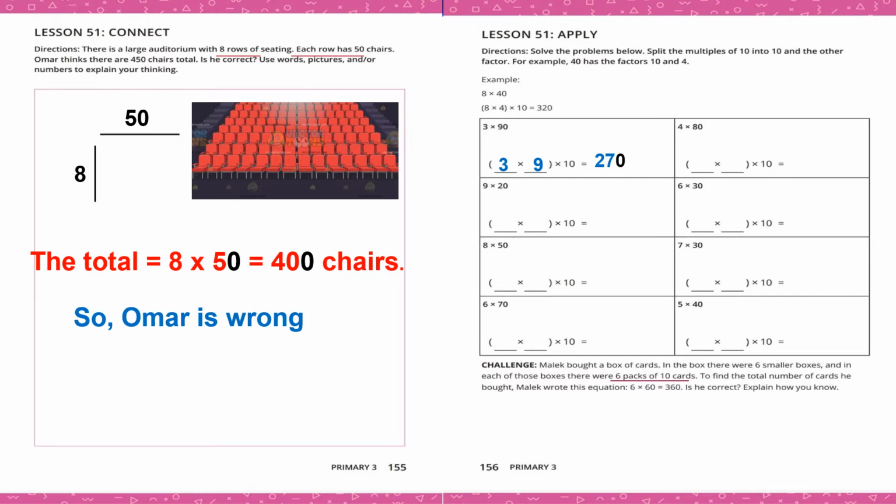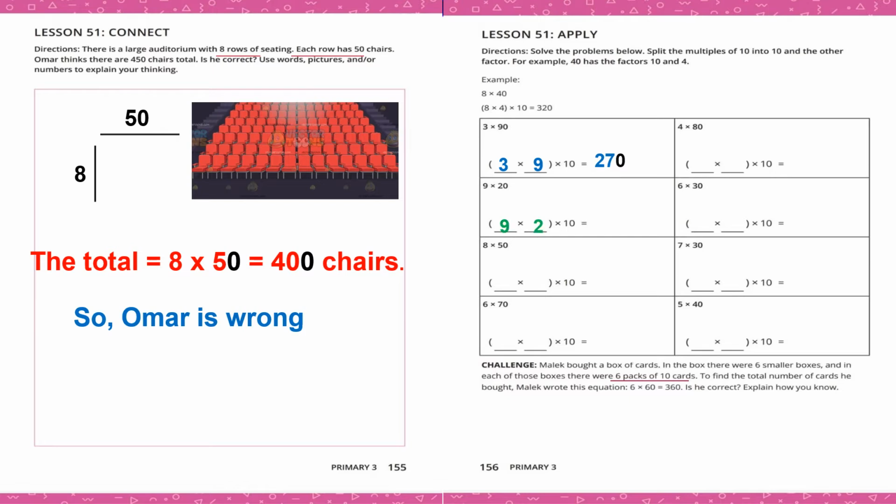Another example, 9 times 20. Where is the multiple of 10 here? 20. So you should split 20 into its factors. What are the factors of 20? 10 times what equals 20? 10 times 2.